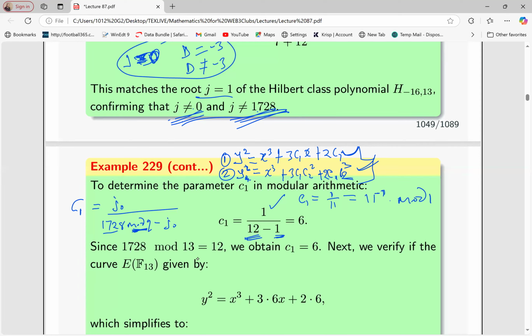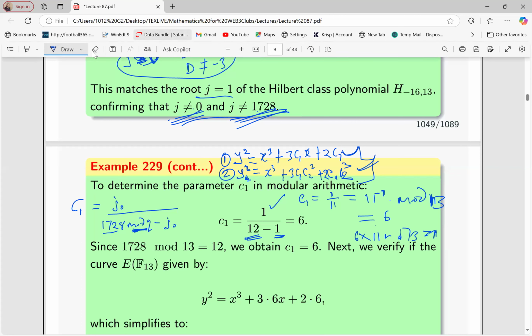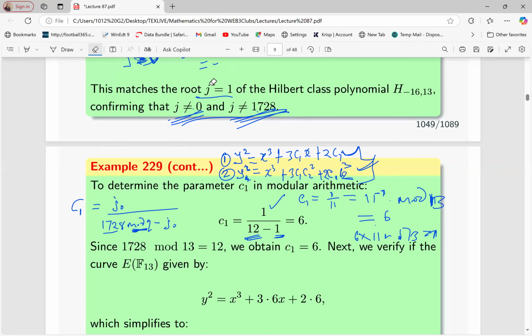The inverse of 11 mod 13 is 6 because 6 times 11 mod 13 would be 1, since that is 66. 13 goes there 5 times because of 65. The remainder is 1. So it's 6. So C1 is 6 in our case.